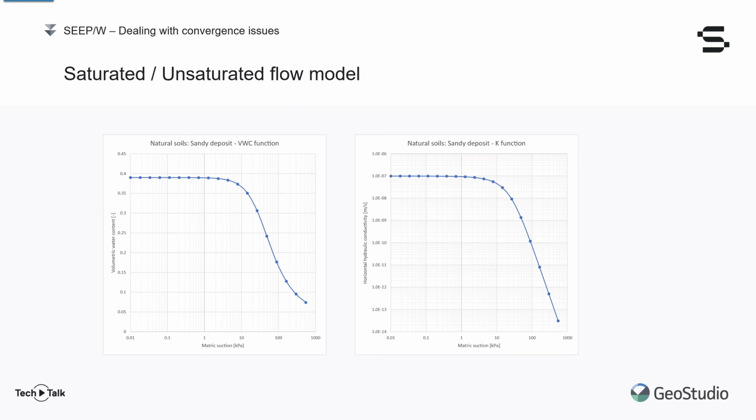When resolving a seepage analysis in SEEPW in which saturated-unsaturated material models are used, a problem inevitably arises. Some of you who are keen observers might already have spotted the issue. When resolving the finite element equations, we want to calculate what the pore water pressure is at every point in the domain.